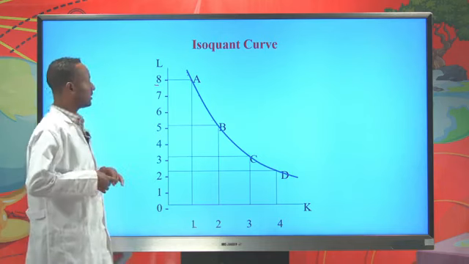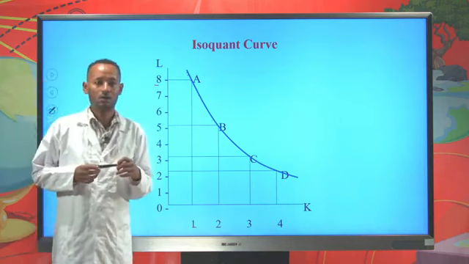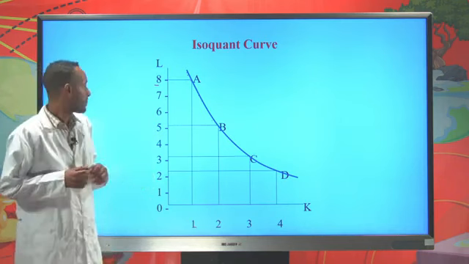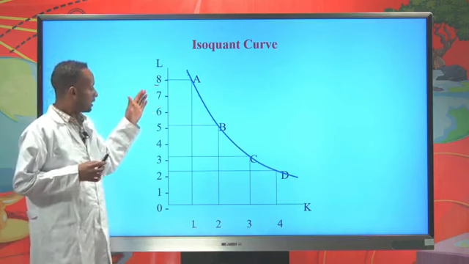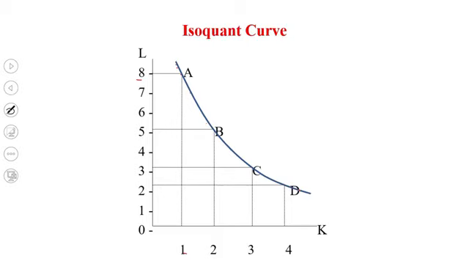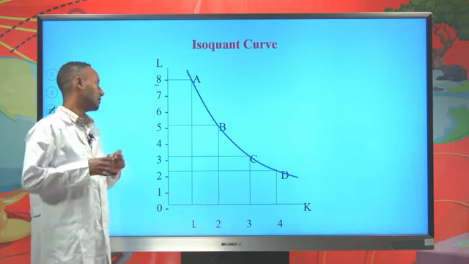Now from this, let's see some of the properties or characteristics of isoquants. First of all, isoquants are negatively sloped. Isoquants are downward sloping curves because there is an inverse relationship between the two variables, capital and labor.